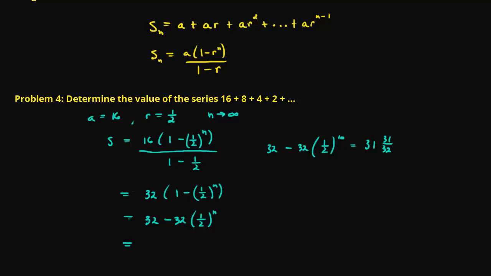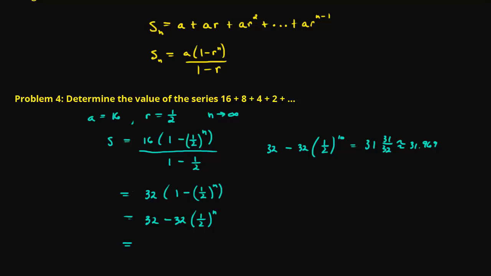If we round that to a decimal, we would get 31.969. So this is approximately 31.969, rounded.